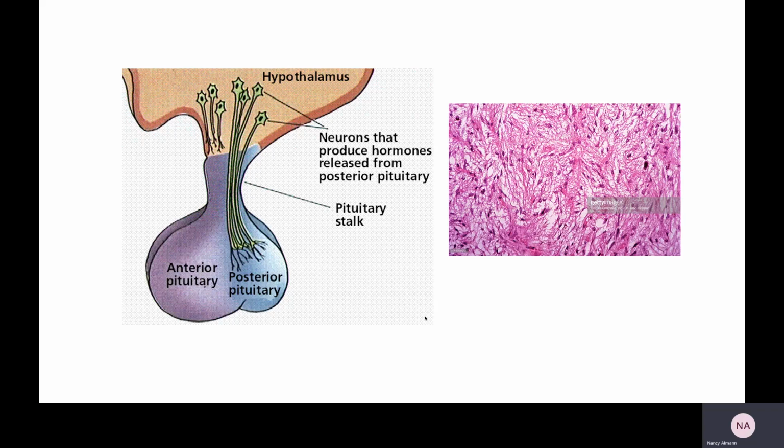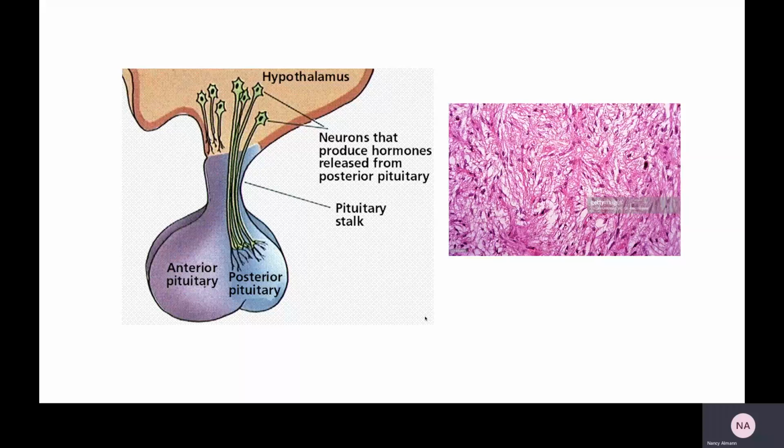This shows you a lovely diagram on the left, which indicates that there are axons from those neurosecretory cells of the hypothalamus terminating in the posterior pituitary.